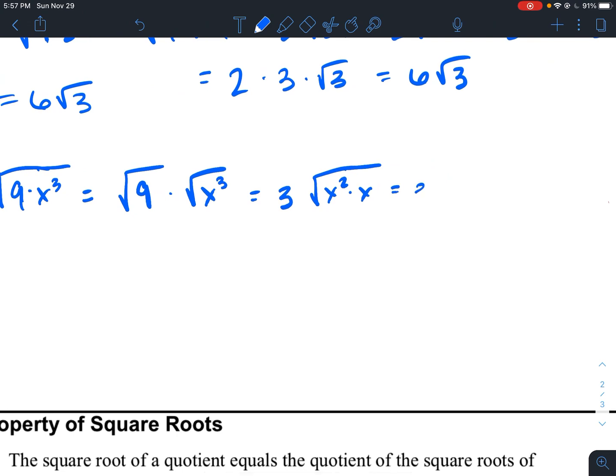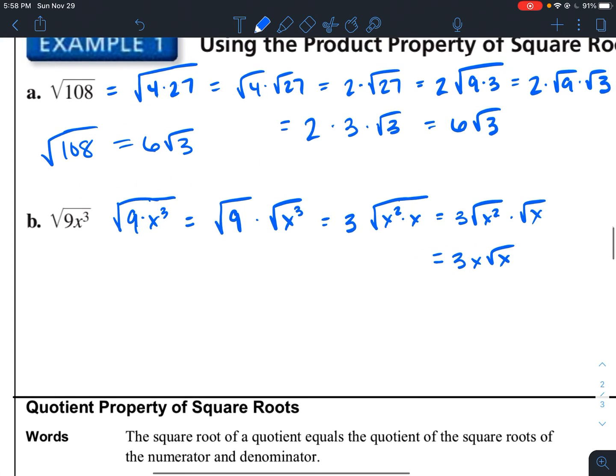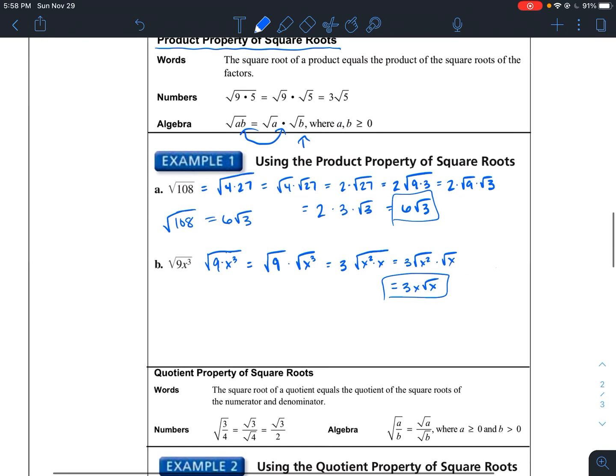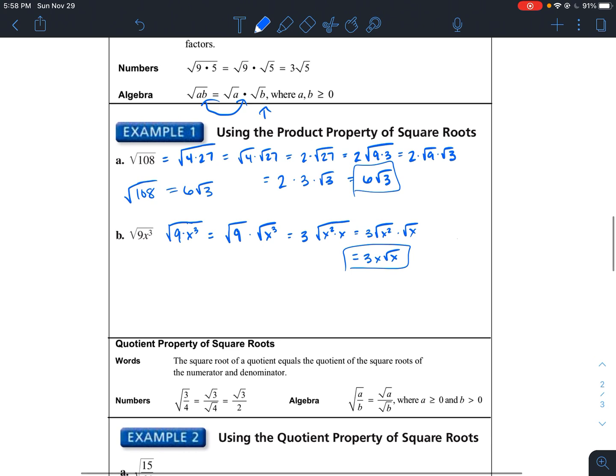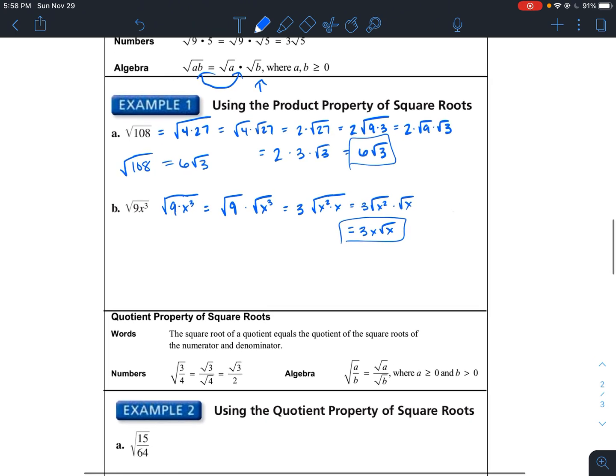So this is equal to 3 times the square root of x squared times the square root of x. Now, radicals like this will undo an exponent. So this is equal to 3x square root of x, if we were to simplify that all the way. And there you go. So we just used the product property of square roots to simplify these terms.